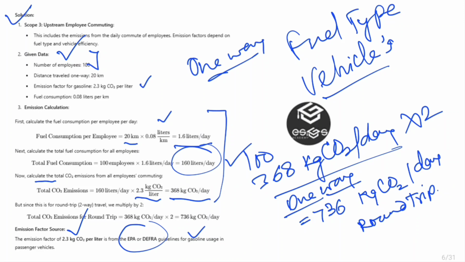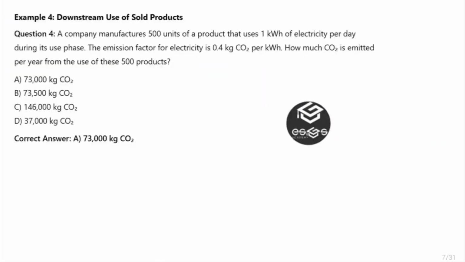Now let us discuss another question and its example. The next example is downstream use of sold products. The question is, there is a company manufacturing 500 units of a product, and each uses or consumes 1 kilowatt hour of electricity per day during its use phase.